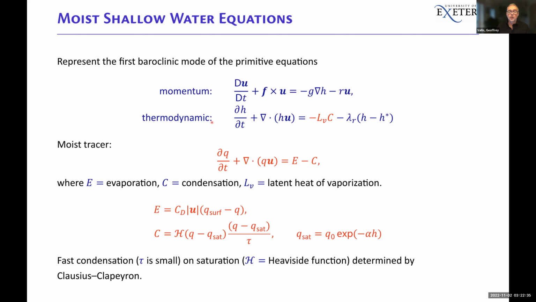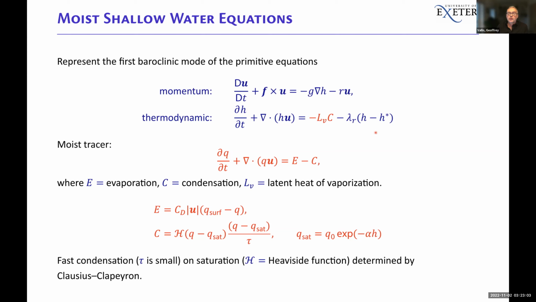Second equation is the height equation, which in the shallow water equation kind of doubles as a thermodynamic equation and a mass continuity equation. And we can regard h really as a proxy for temperature, or in the way I've written it, it's the negative of temperature. So smaller h corresponds to a higher temperature.